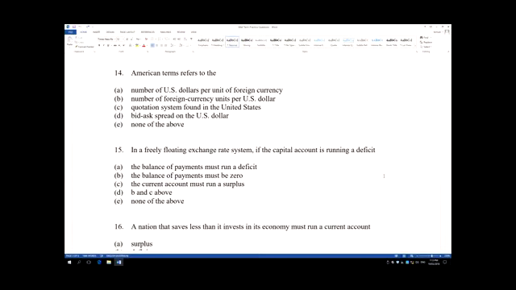So it'll be selling at a premium, right? With interest rate parity, lower interest rate means that your currency is going to appreciate. Yep.